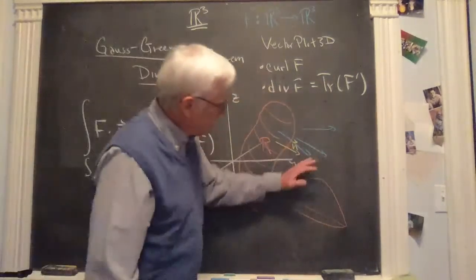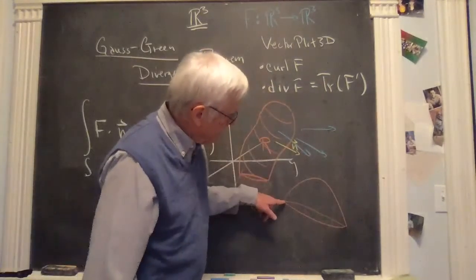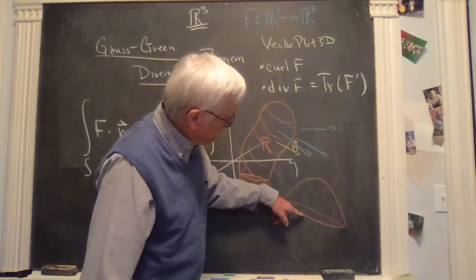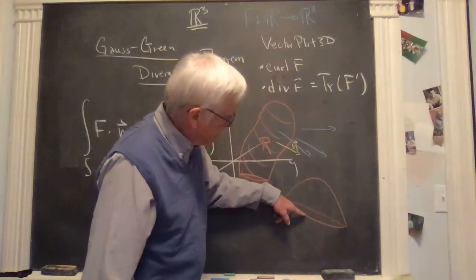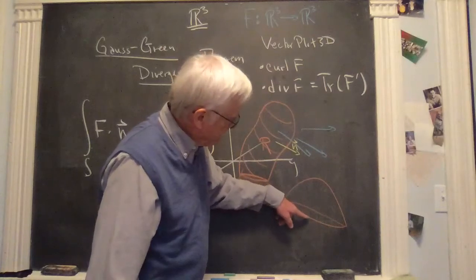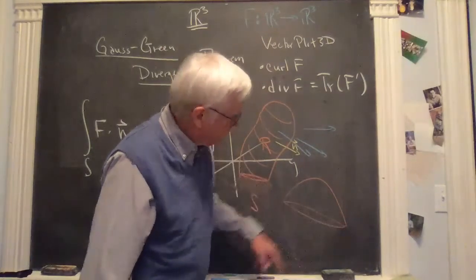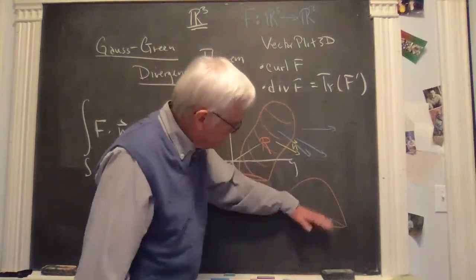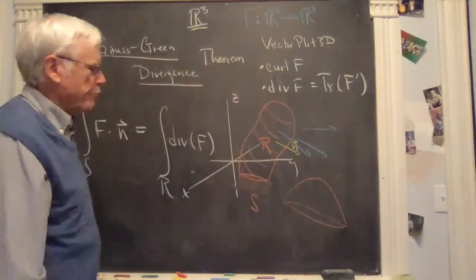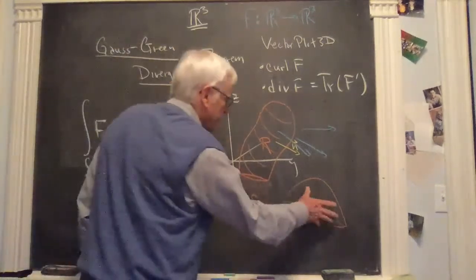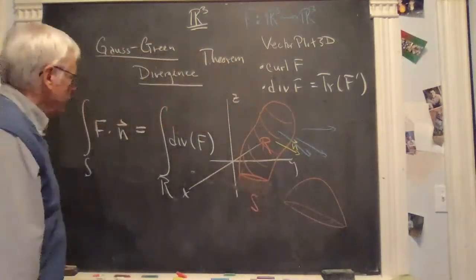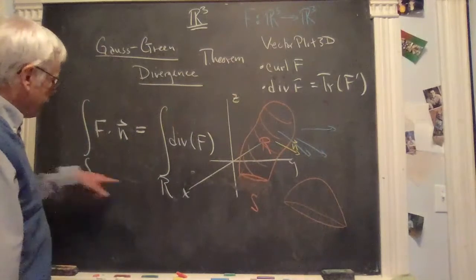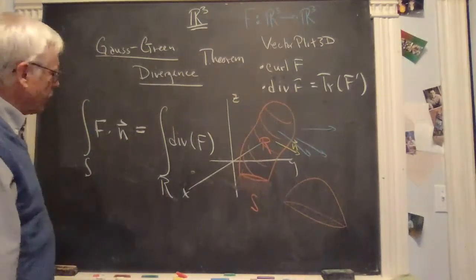And now the surface consists of the upper surface and the bottom. Now, those surfaces don't have unique tangent vectors at points of this curve here. So the tangent plane to the surface and the tangent plane to the bottom surface are different. And this is called piecewise differentiable. So that is the type of region and surface that we're talking about.